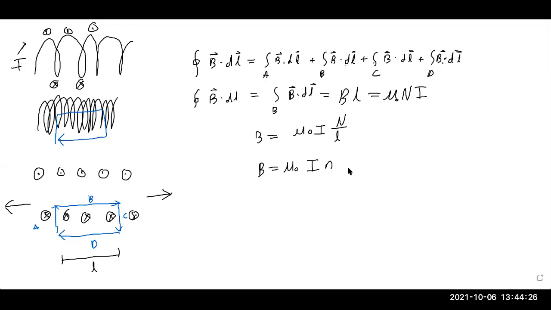So solenoids are good tools for making strong magnetic fields, because you can just increase the number of turns per meter and get a strong magnetic field. They're also good tools for creating nearly uniform magnetic fields, if you want something that's close to steady.